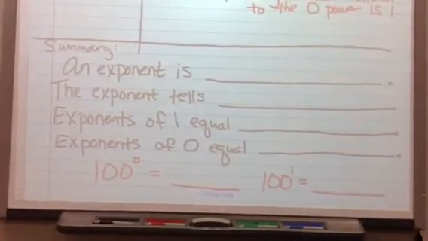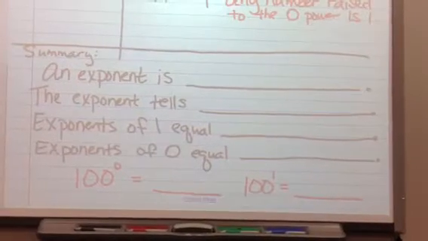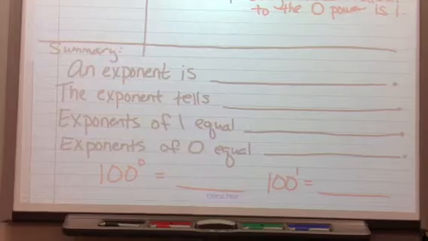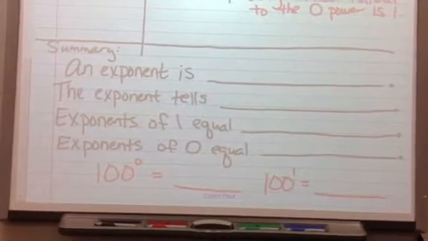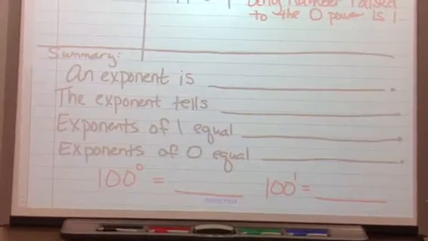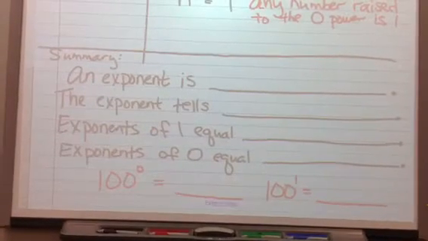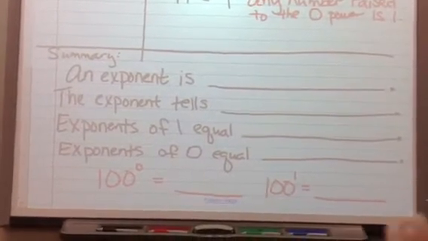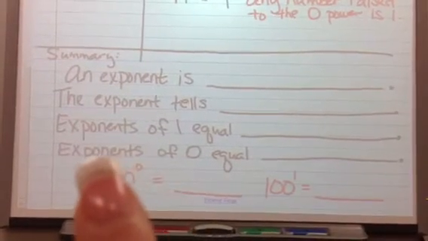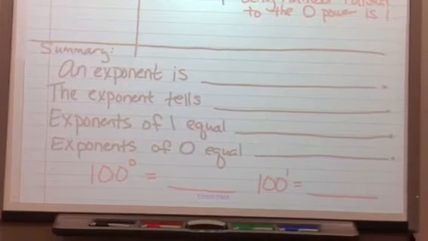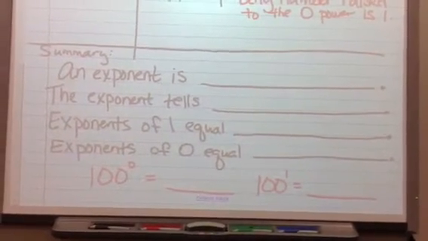An exponent is blank. The exponent tells... exponents of 1 equal... exponents of 0, and you can feel free to put the word always in there. Exponents of 0 always equal something. And then I've provided a couple of examples for you to try.